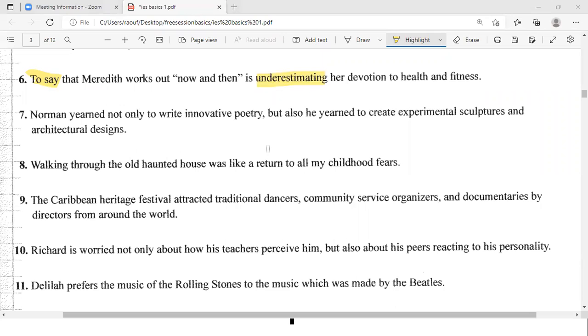It's not about the word, it's about parallelism. So to say that Meredith working out now and then is to underestimate, or saying that Meredith works out now and then is underestimating. In both cases, I need to have "to say" and "to underestimate", or "saying" and "underestimating".